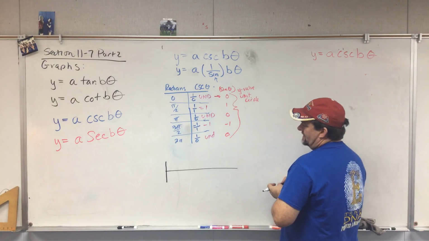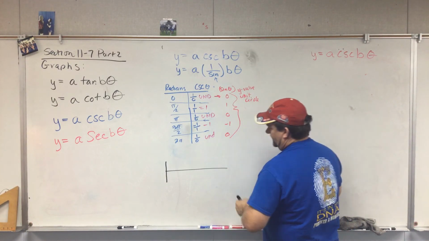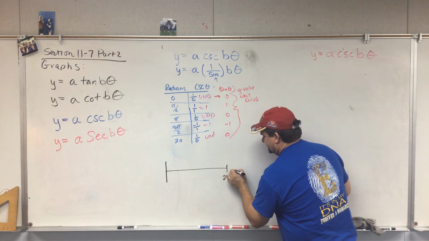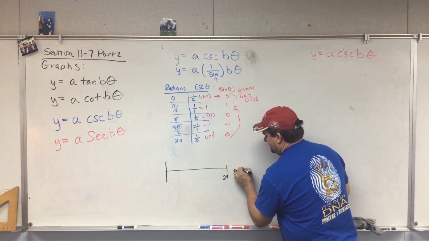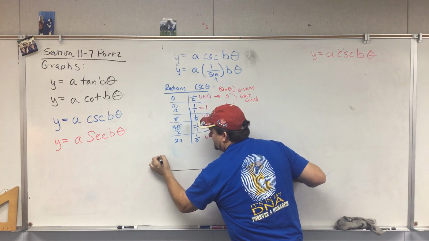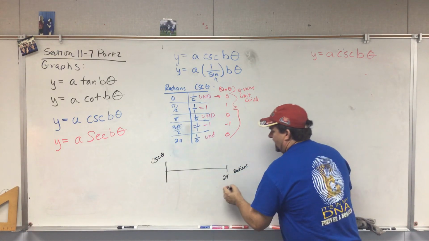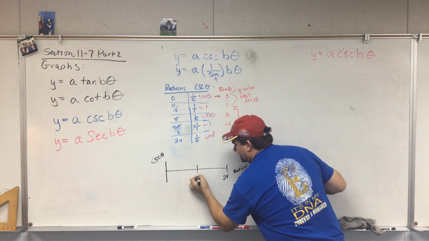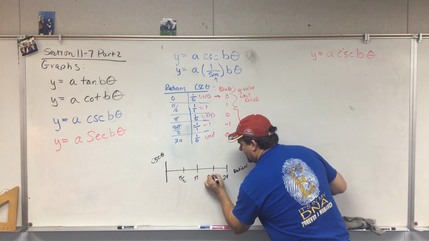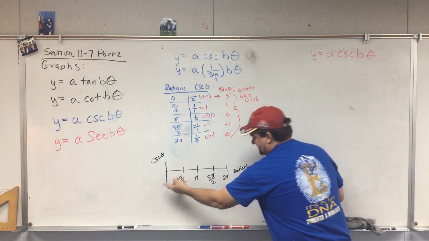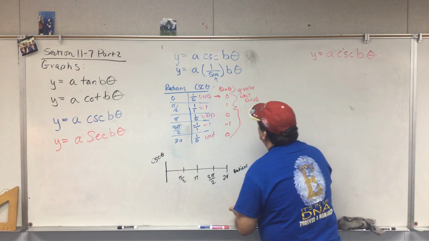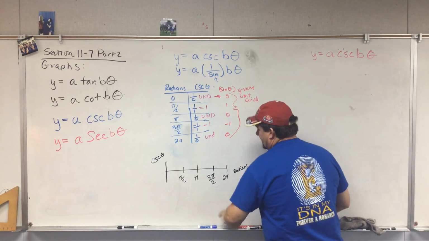All right. So we have my radians, so this axis is in radians. This axis is in cosecant of theta. And then I'll split them into pieces, pi over 2, 3 pi over 2. If you're noticing, those points never change unless there's a different b. And then I'll use my pink line.